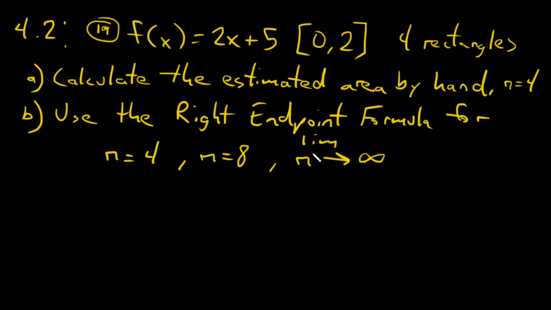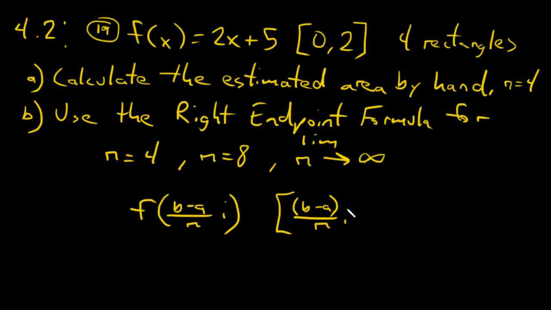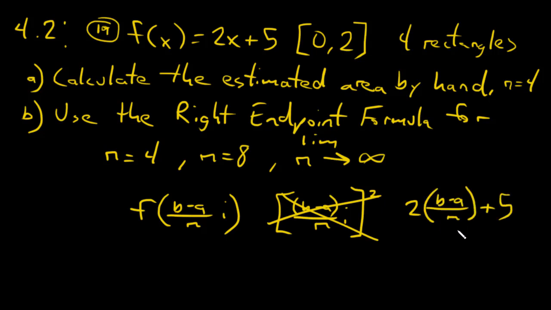So, for the right endpoint formula, take extra care that when you get to f of b minus a over n i, you're not going to wind up with this stuff squared. You won't get b minus a over n i squared, because my function is not f of x equals x squared anymore. So you're not going to use this. Instead, your function is going to be 2 times b minus a over n plus 5.